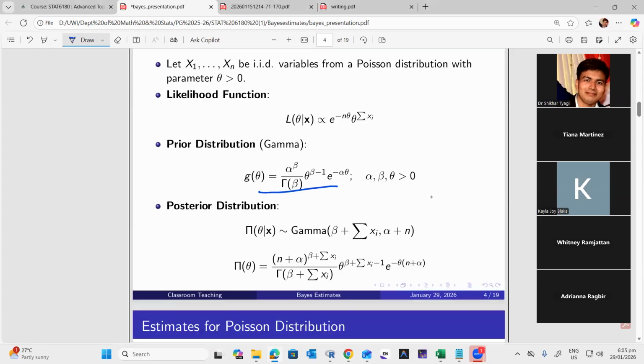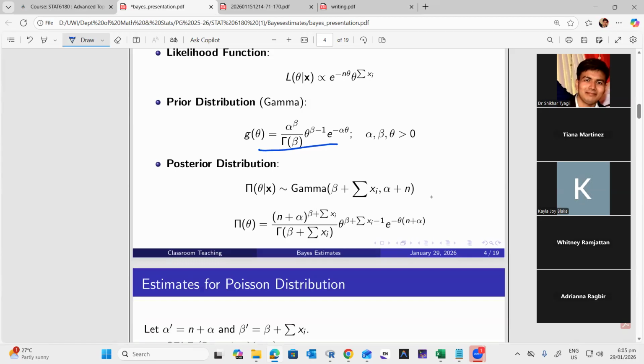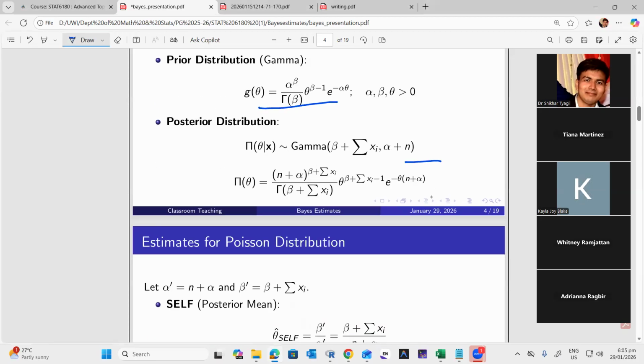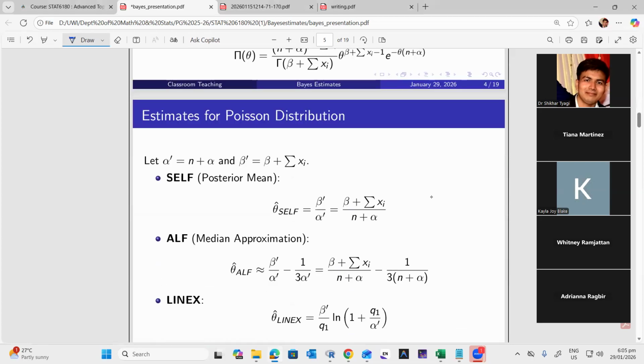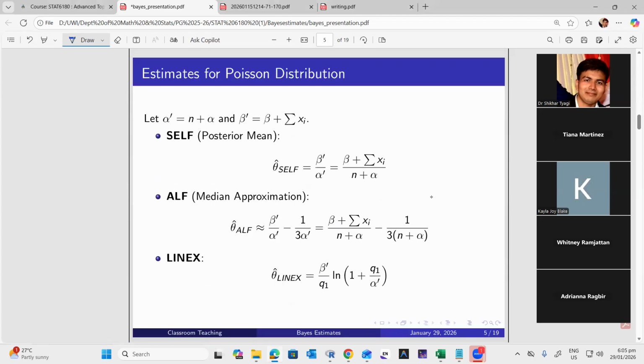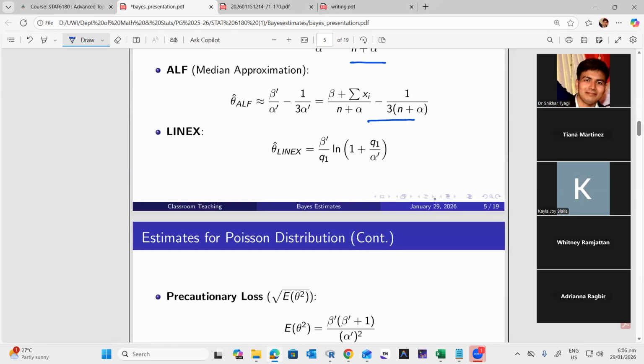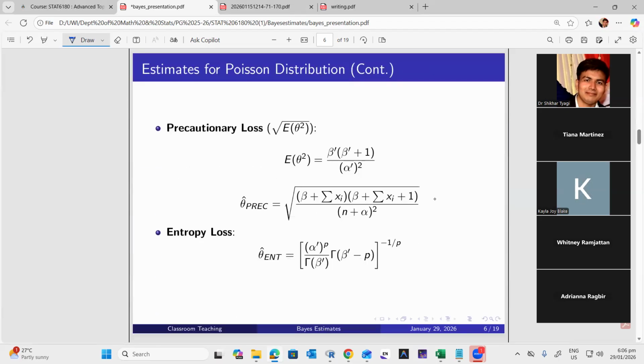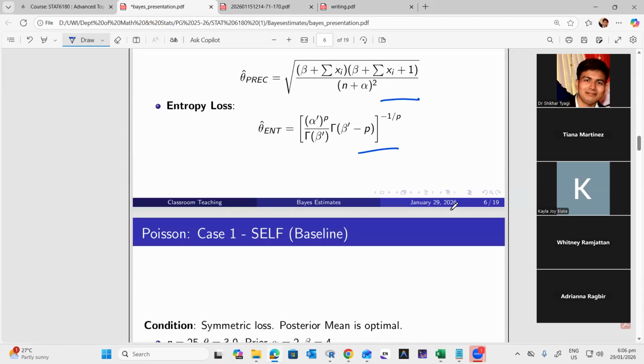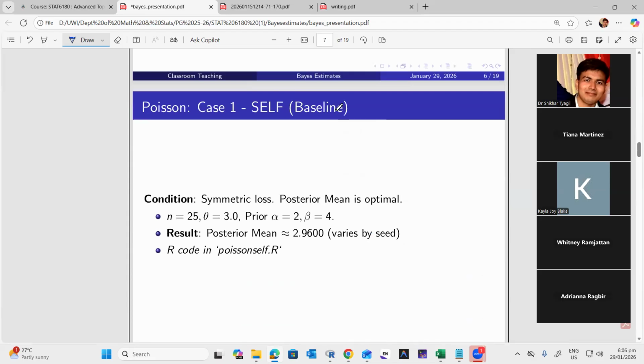The corresponding posterior distribution was also a gamma distribution that we solved, and for that we found the estimates under different loss functions: the squared error loss function, the absolute loss function, the linex loss function, the precautionary loss function, and the entropy loss function. All right.